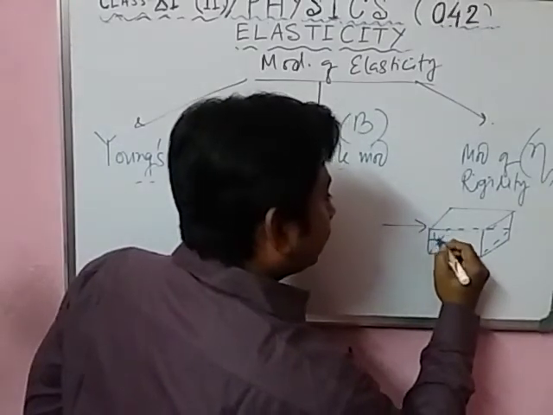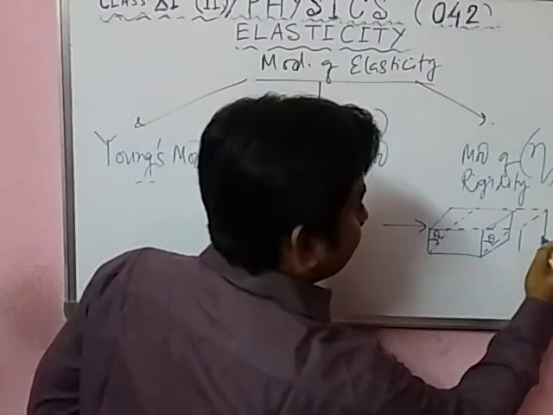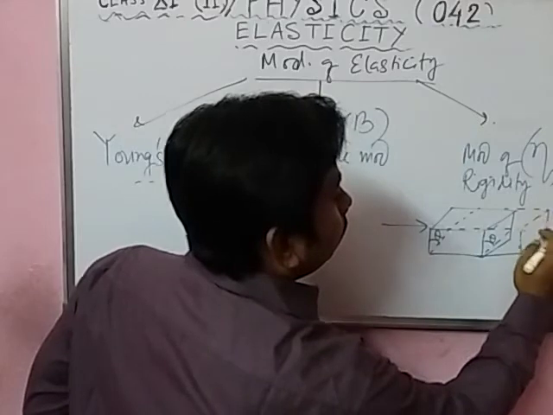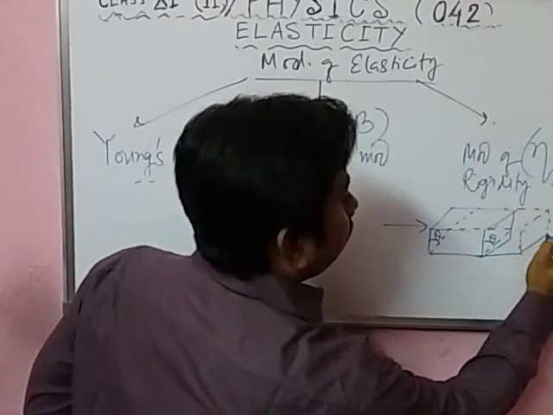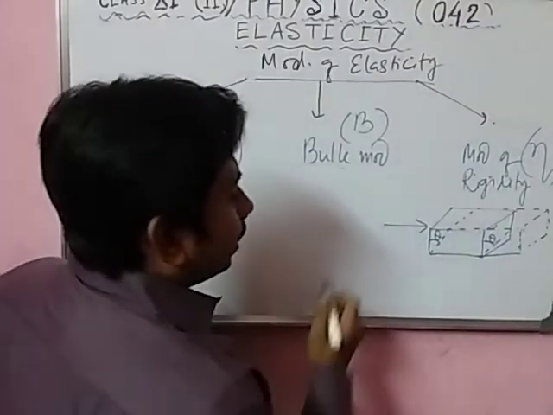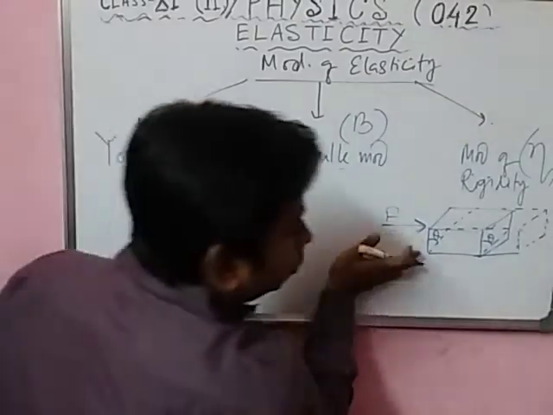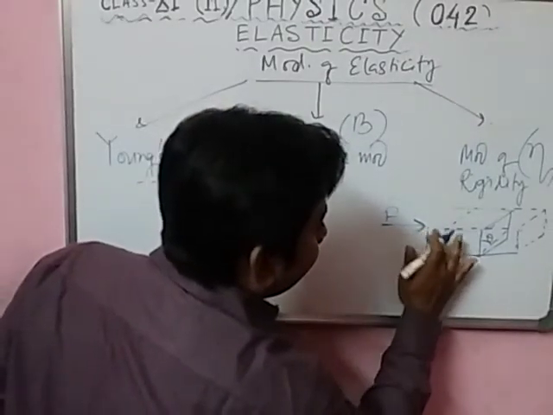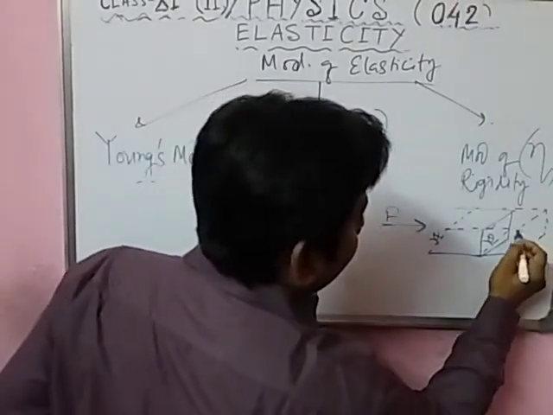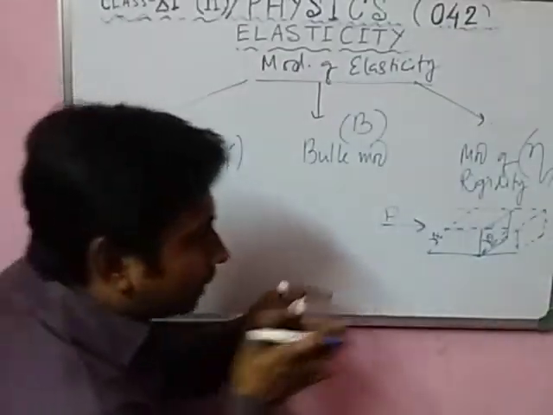This theta, and the displacement takes place like this. So this is the dotted portion. Your rectangular block is shifted like this.